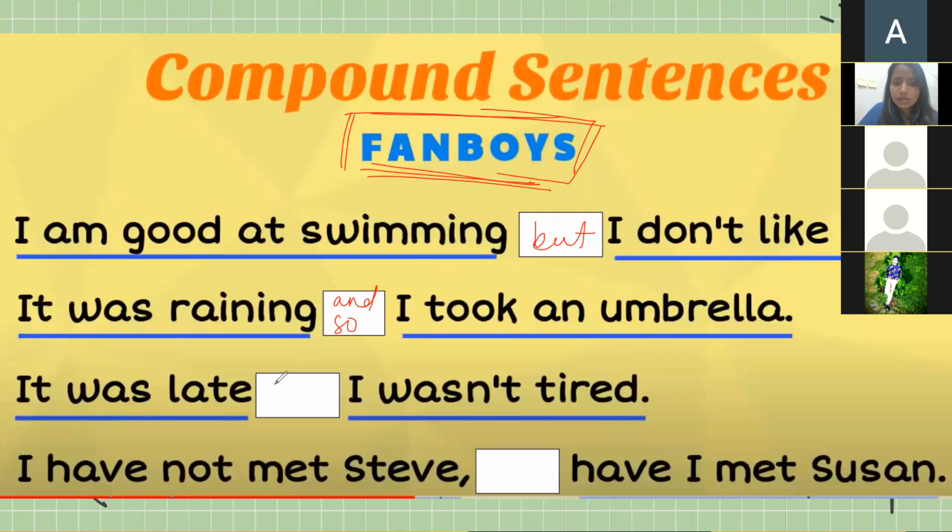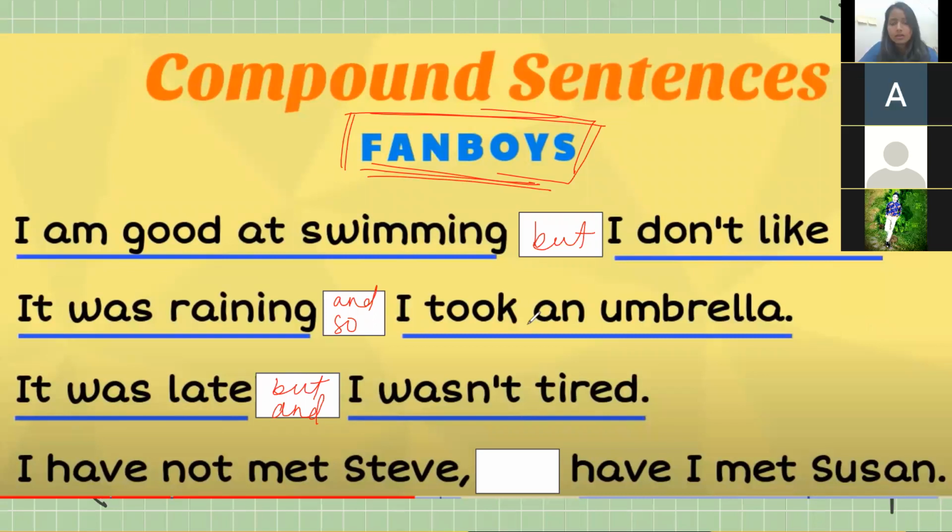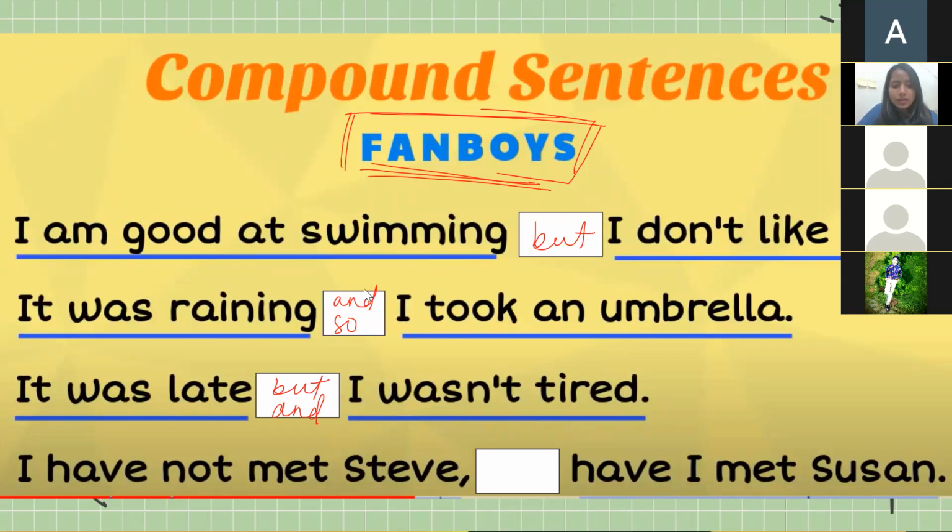It was late, but I wasn't tired. It was late and I wasn't tired. Can you write "it was late, so I wasn't tired"? No. We can write "yet": it was late, yet I wasn't tired.